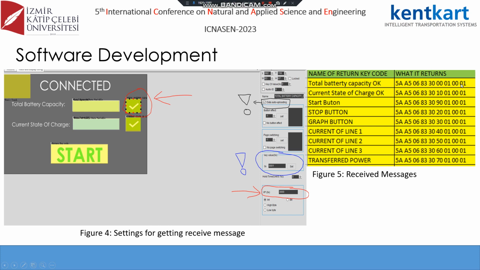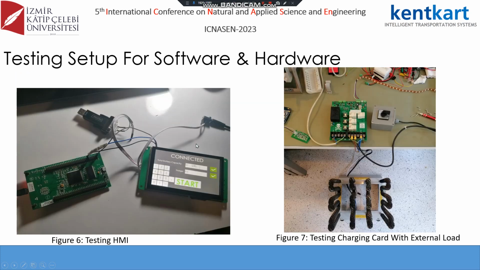This value is set from here, and if the button is pressed, the data comes from the HMI screen to microcontroller. But to do this, we should enable the data auto uploading here also. So this was the technique for development of software.